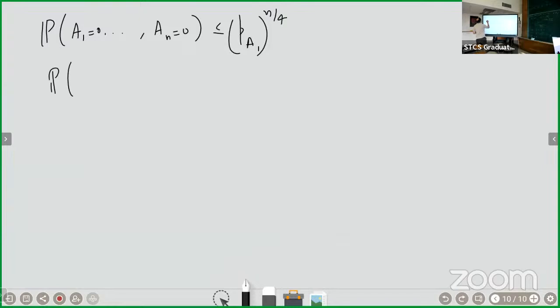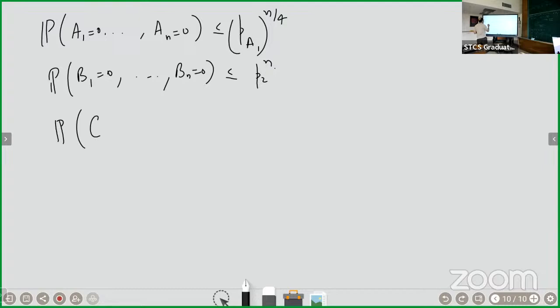I have bounded P of A_n equal to 0, and P of B_n equal to 0, by something which is the inverse to the power n by 4. What I really care about is the event.